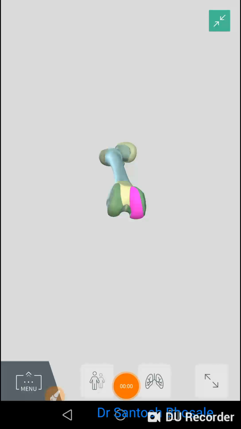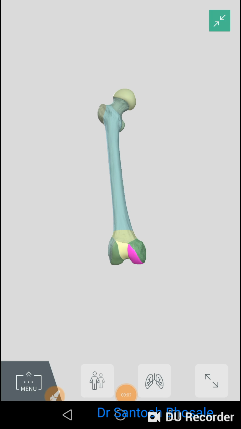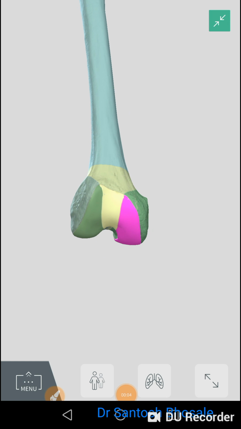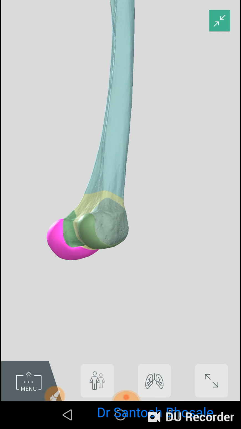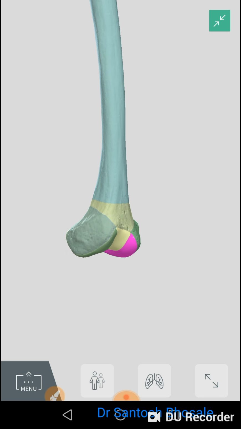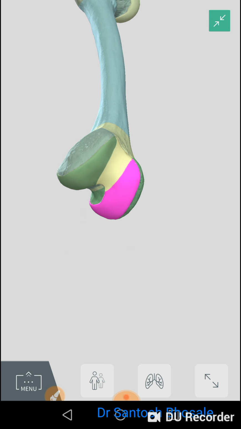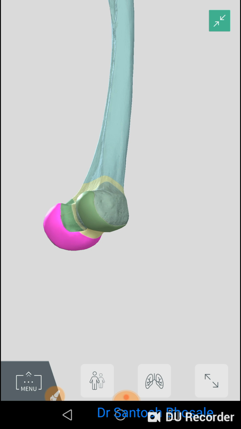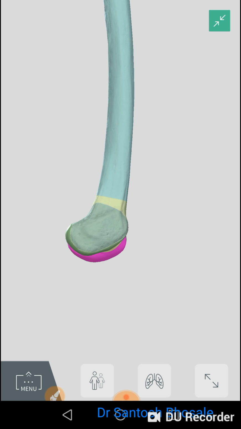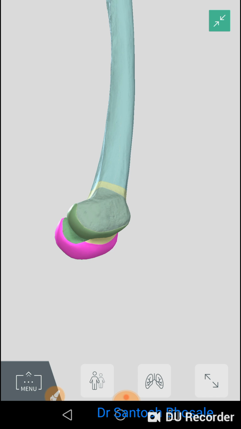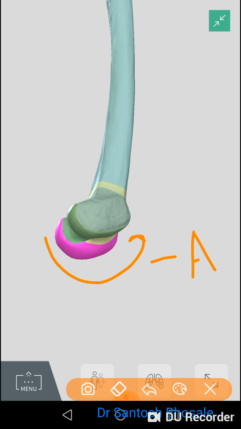And here you can see the articular surface of the medial condyle. So this is the tibial part. You can see the articular surface is directed anteriorly, inferiorly and posteriorly.